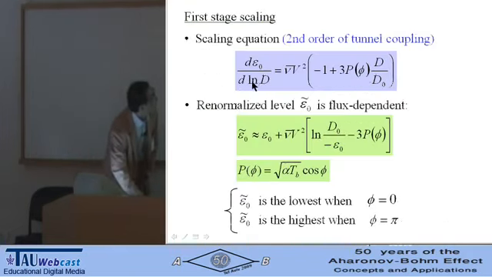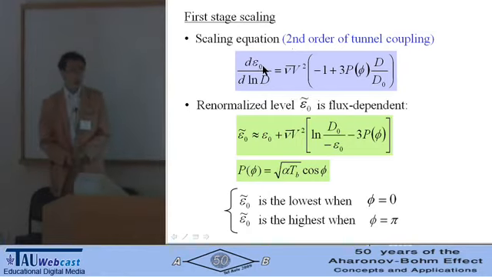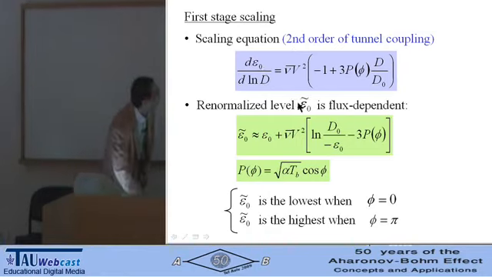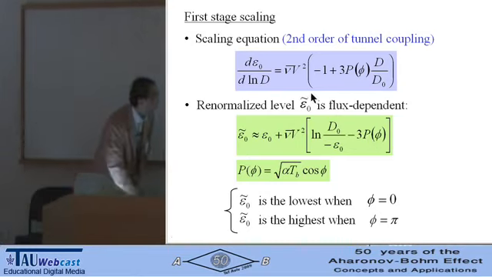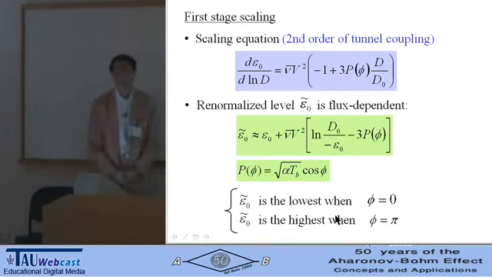In the first stage scaling, we obtain the scaling equation for the energy level in the quantum dot, and this is the renormalized level. It is flux dependent through the function p phi. So the renormalized level is the lowest when the AB phase is 0 and highest when the AB phase is pi.